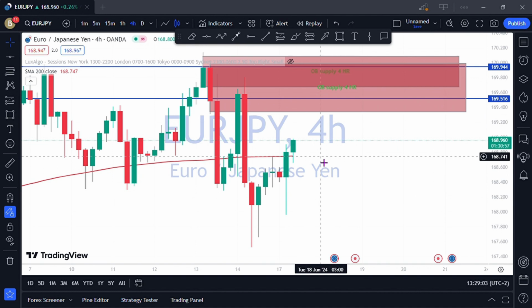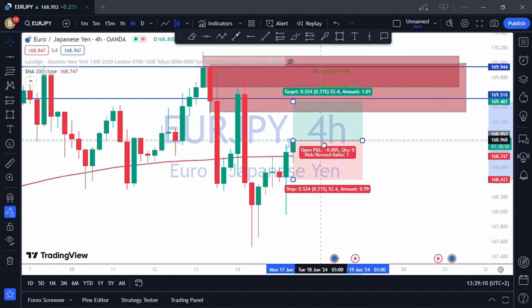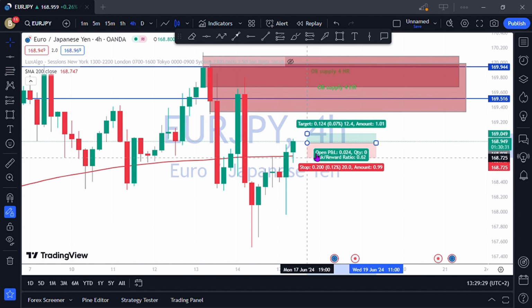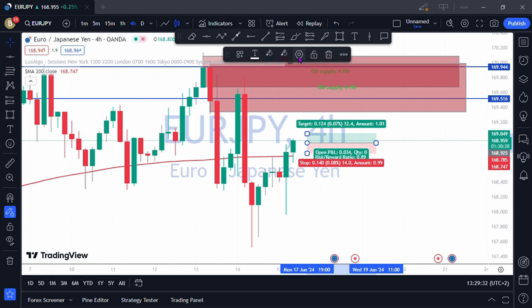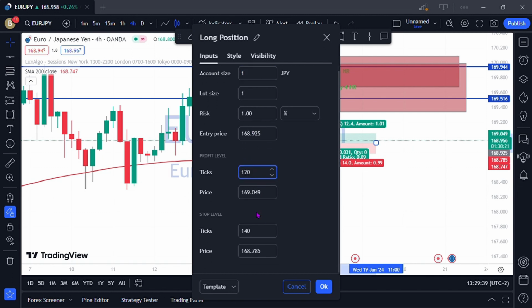So I'll be targeting 120 pips. So my risk to reward ratio is 1 to 2, with 120 pips as the target and my stop loss at about 60 pips.